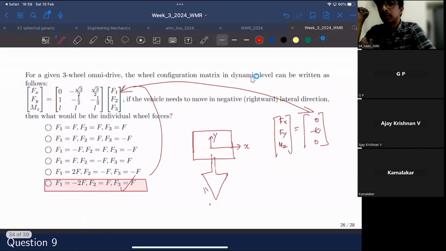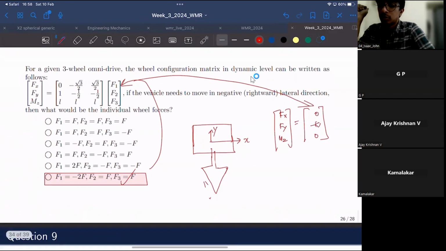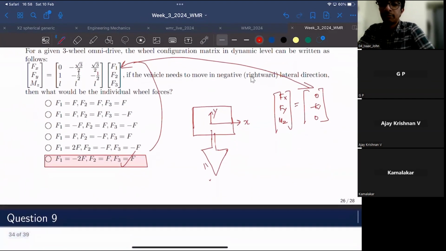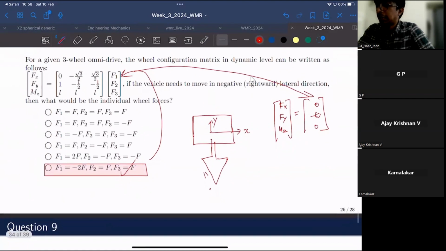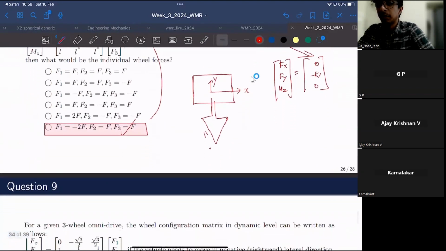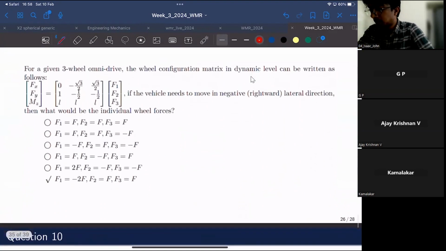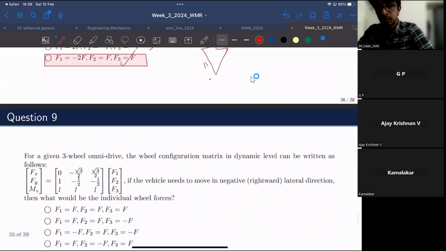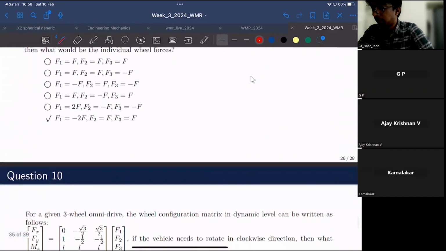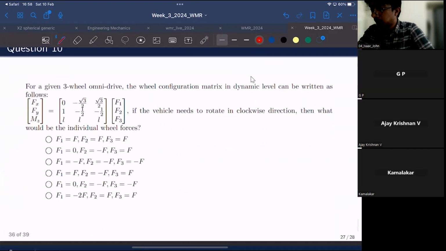If you get it, then you can finalize that answer to be the correct choice. Since we have covered enough problems of the same type in kinematics as well, we don't need to solve it, I guess. So the correct option is option F, the final option.